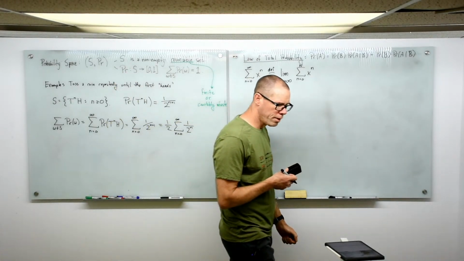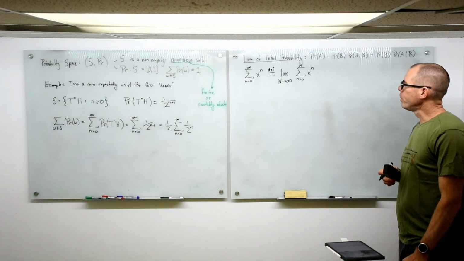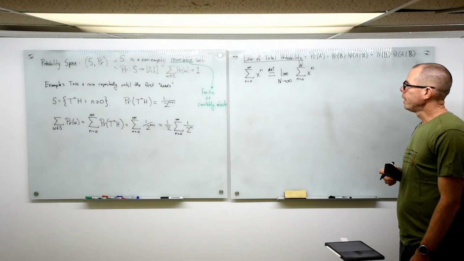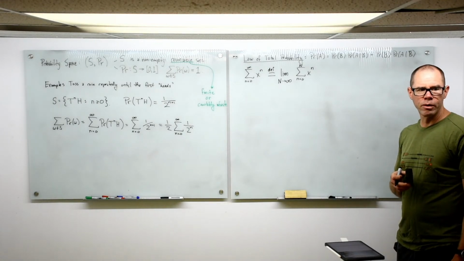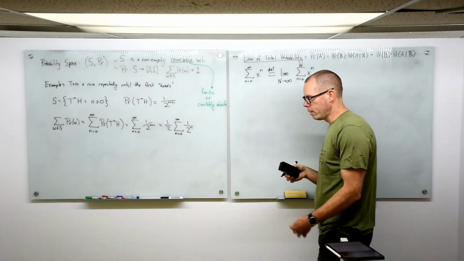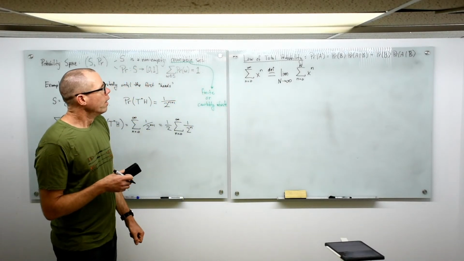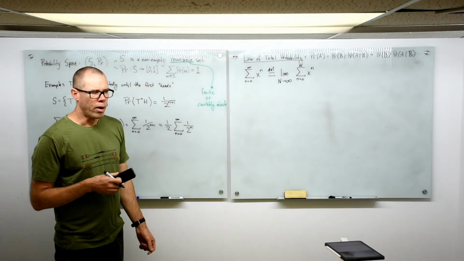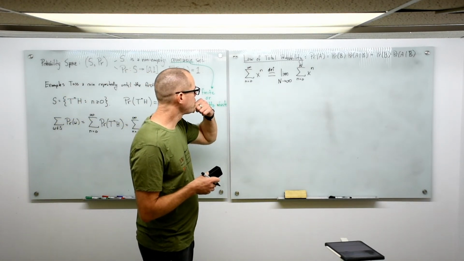And it's easy to cook up examples, for instance, the sum with n going from 0 to infinity of minus 1 to the n, that doesn't have a limit. It just keeps flip-flopping between 0 and 1.